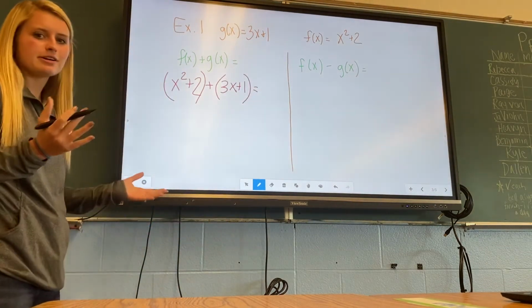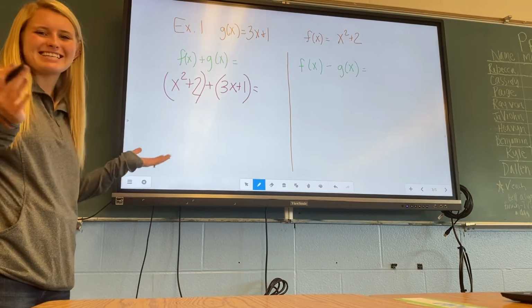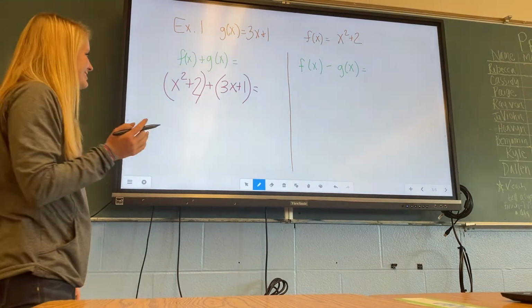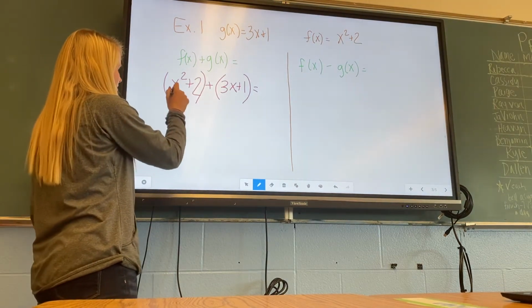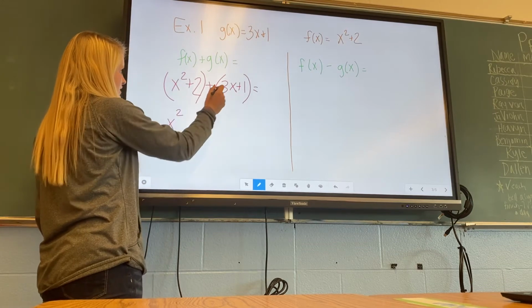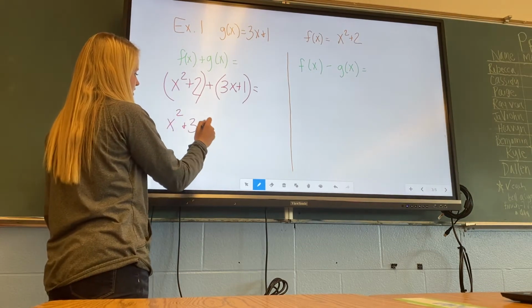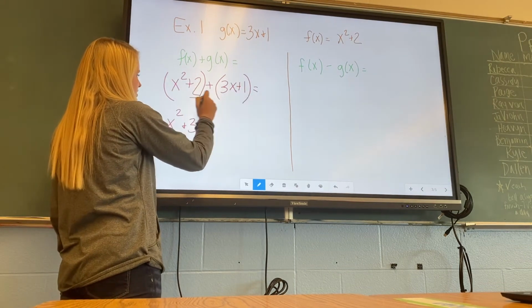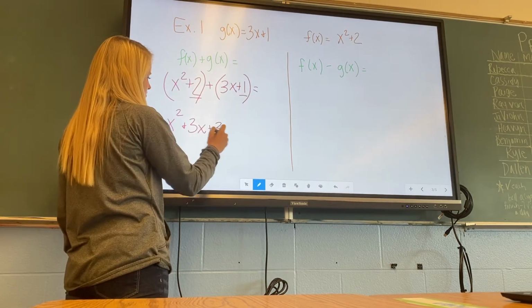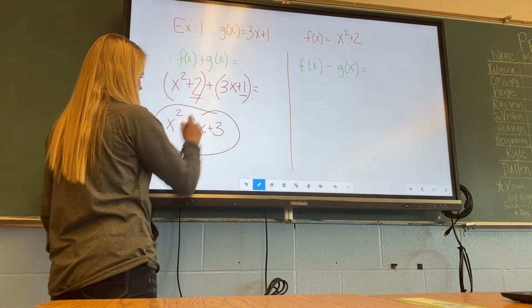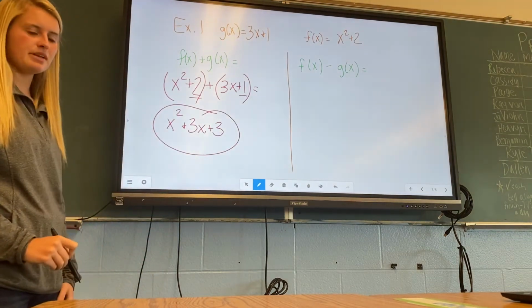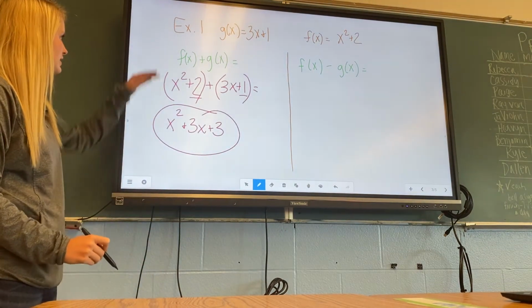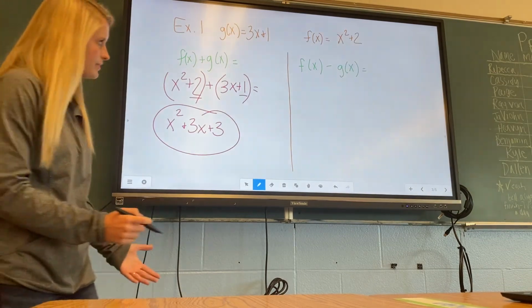Now you already know what to do from here. This is what we just spent a whole week doing. Combine like terms, so x squared stays, 3x stays, and write it in standard form. And then the 2 and the 1 can combine. And that's our answer. X squared plus 3x plus 3 is f of x plus g of x.